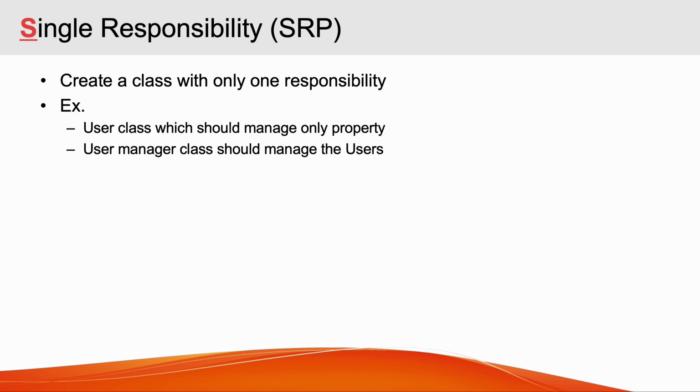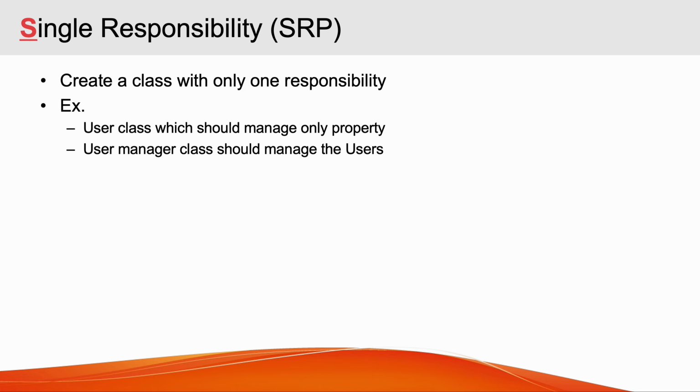A basic example I can give you is a user class, which should manage only the properties of a user, and a second class, a user manager class, should manage the users. This is what follows the single responsibility principle while implementing a user management library, right?